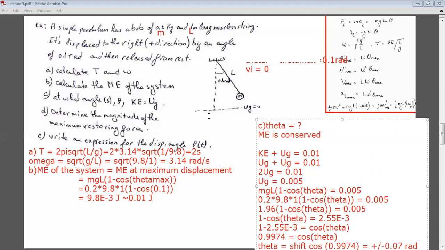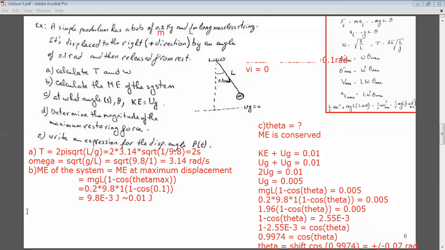Determine the magnitude of the maximum restoring force. So let's do it here, part F. Maximum restoring force. So F maximum equal to how much? F is M times A tangential. So Ft is M times A tangential, and that's equal to mg sine theta.